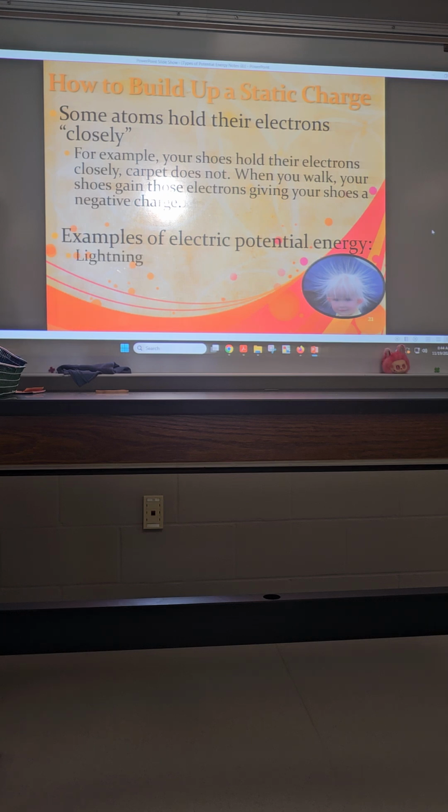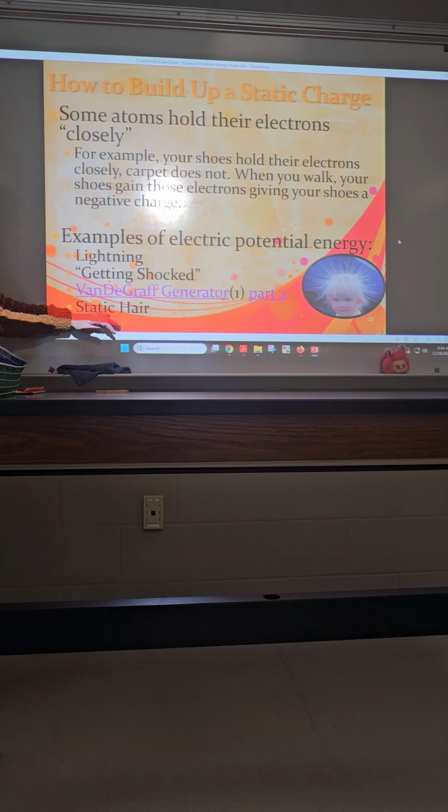So some other examples that we talked about before were lightning and getting shocked, right? If you build up a charge and you touch something, you'll discharge, just like good old John Travoltage, that little simulation, the Van de Graaff generator, and then obviously staticky hair.